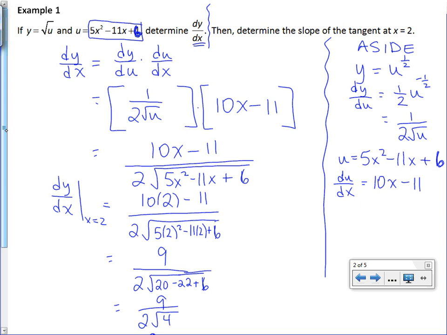You have to let 2 travel through both functions to get the y, because y doesn't show up till here. You put 2 into there. We know what we just got when you put that into there. You got the 4. And then you have to put 4 into there, take the square root, and get 2. Does that make sense? So (2, 2) would be the point. There's your slope. y equals mx plus b, or y minus y1 equals m times x minus x1.